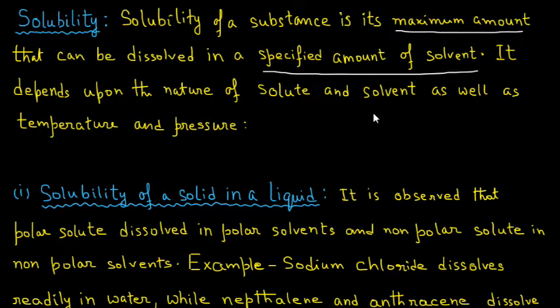But if we increase the temperature, if we start heating the solution, then the salt will get dissolved into the water. So it depends upon the nature of solute, nature of solvent, and temperature and pressure also.